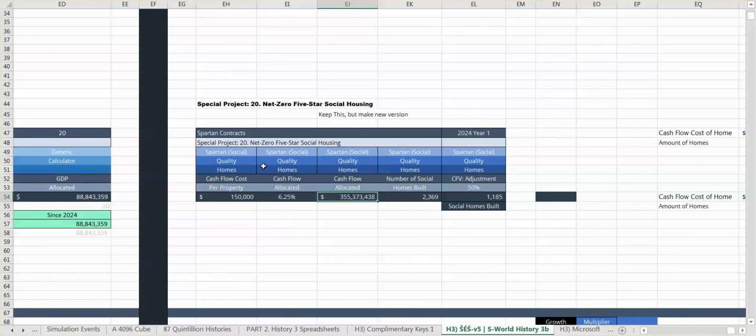Or is that million? Gosh, it gets confusing sometimes. No, that's 355 million. Yeah, that makes a lot more sense. Okay, which builds 2,369 homes, but because of the cash flow variable, I'm basically halving that amount, just in case. So basically, it's either going to be 10 million houses, or if this 50% is incorrect, and I should leave this as without, then that would be 20 million homes.